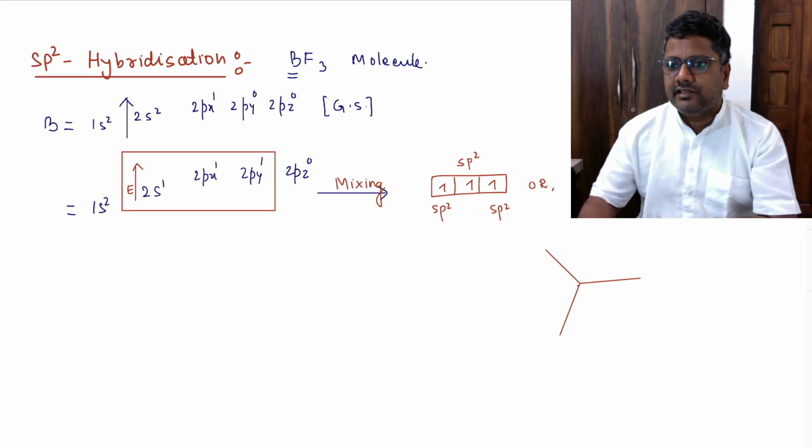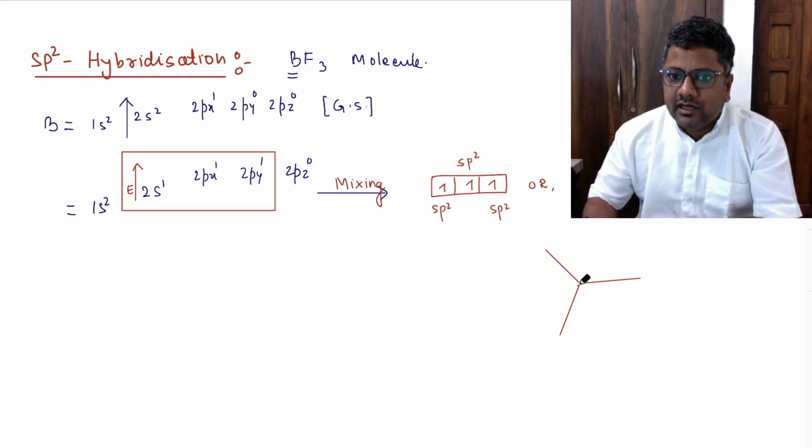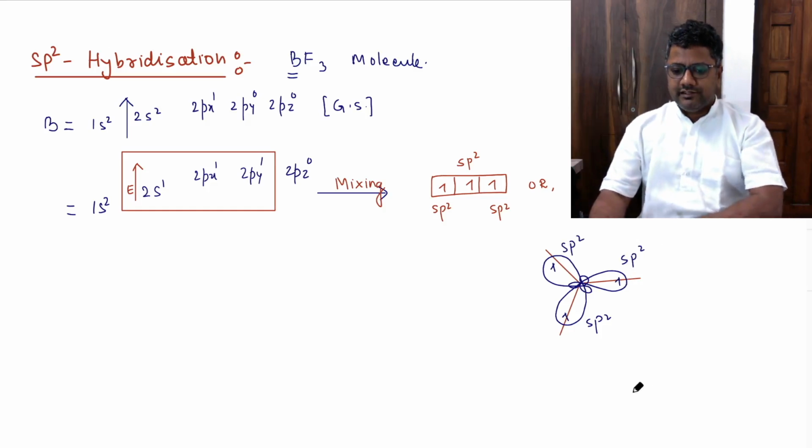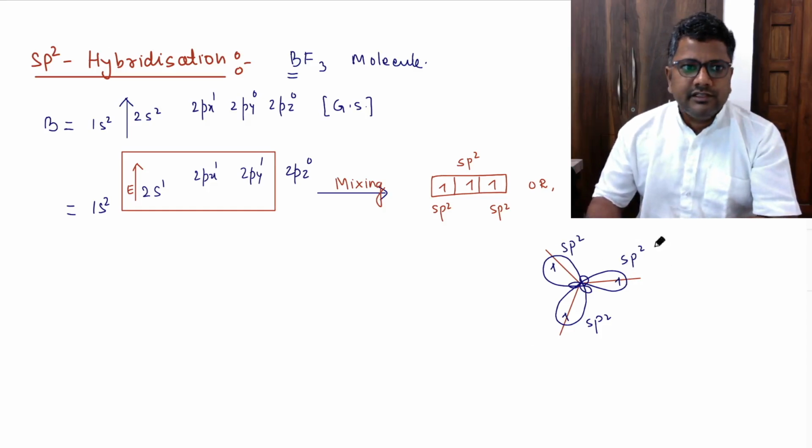Each sp2 hybrid orbital has one electron: this is one sp2, this is another sp2, and this is the third sp2, right?